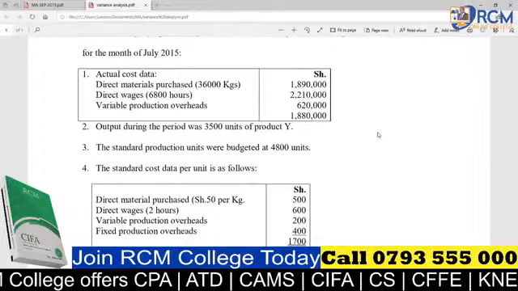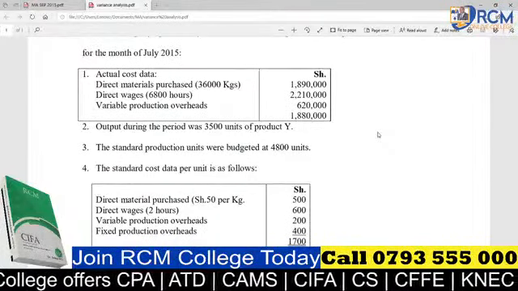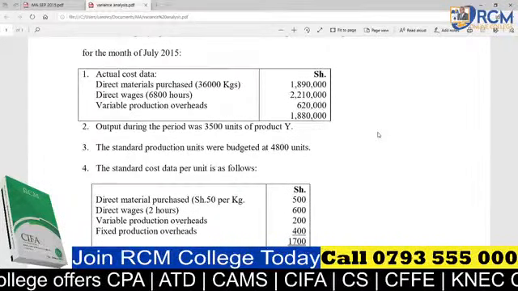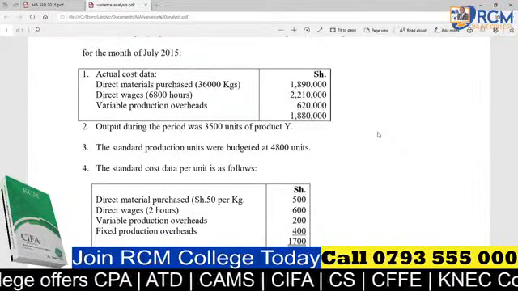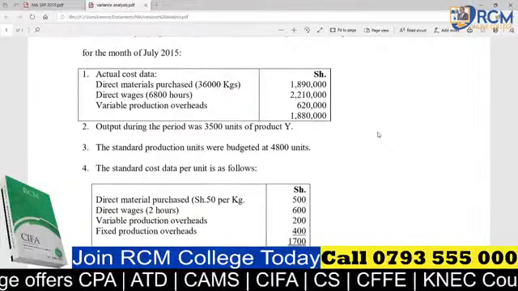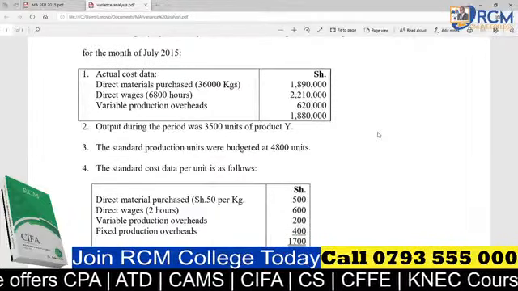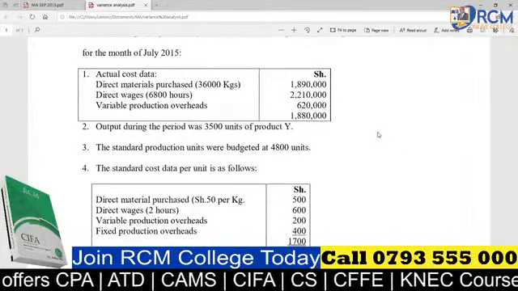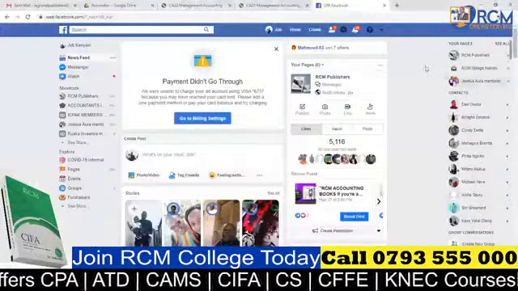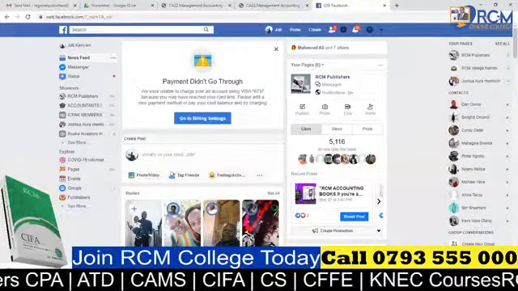So when we talk of material price variance, ladies and gentlemen, I know the formula, even from the definition of the MPV. Material price difference means two prices. So we have the standard price minus the actual price, and then outside, the actual quantity that was purchased. If you are doing this for the very first time, write that SP is the standard price per kilogram.